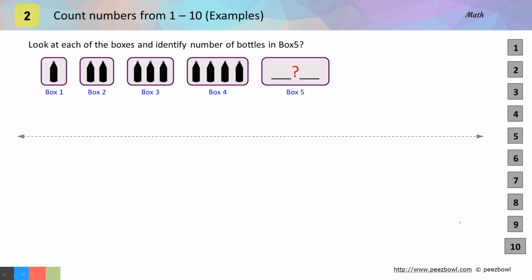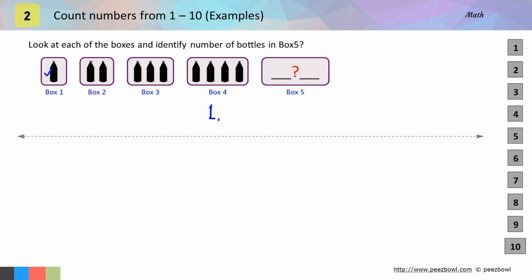It says that look at each of the boxes and identify number of bottles in box 5. This is similar to previous exercise, but this time we have images. Let us count bottles in each box. So in the first box we have 1 bottle.